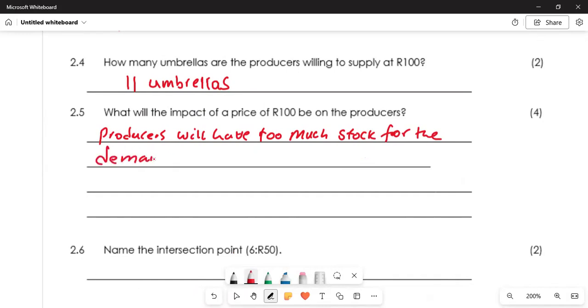For the demand, producers will have too much stock for the demand. Producers will have to lower the price.